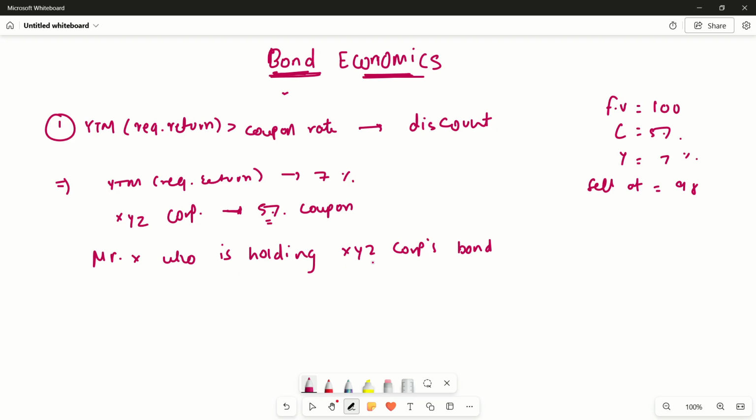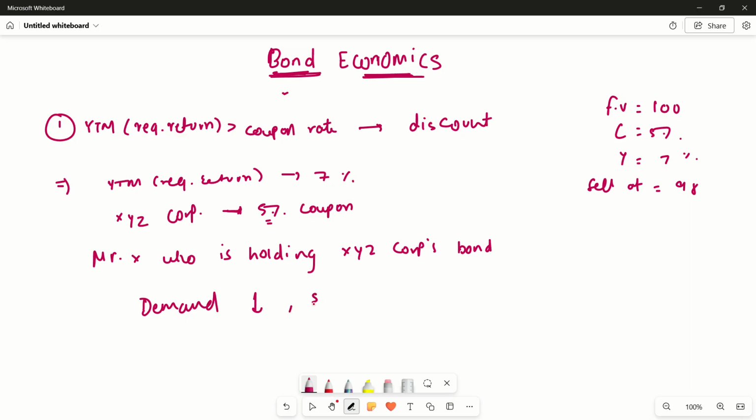What will happen to XYZ Corp's bond? Its demand will fall. They will say, hey, look, the required return has increased to 7%, but XYZ Corp's bond is just giving us 5%. So we don't want these bonds. Its demand will fall because nobody wants that bond now.